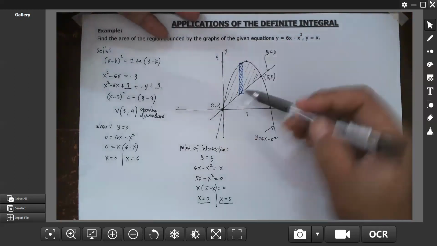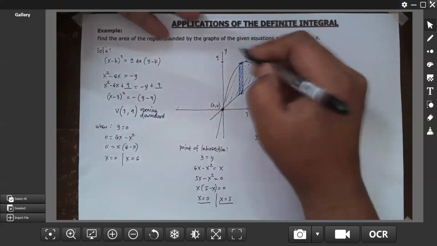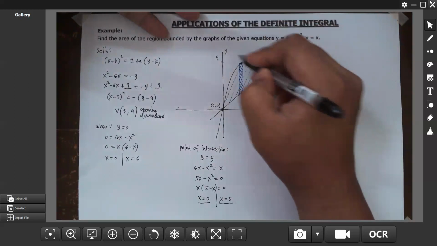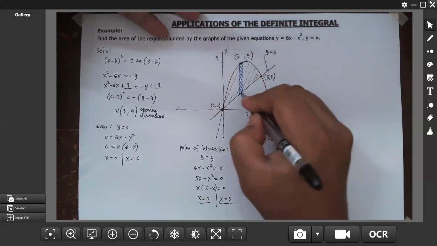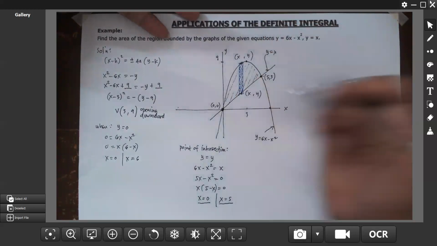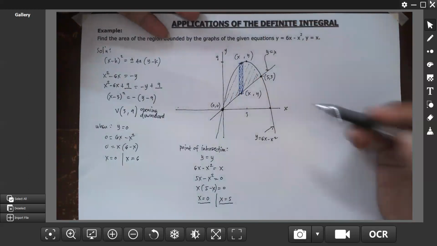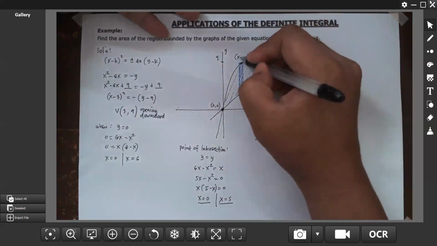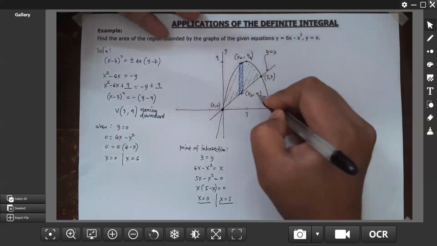So, when you plot a point, this one is x, y, an arbitrary x, y. This also x, y. But we have to use y up and y down.